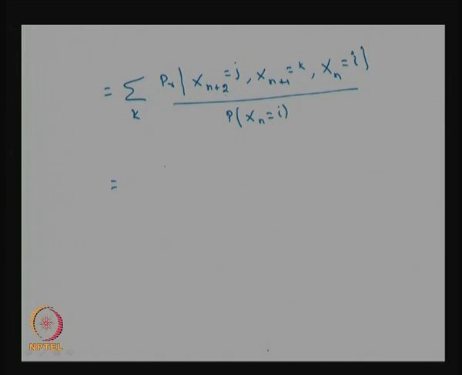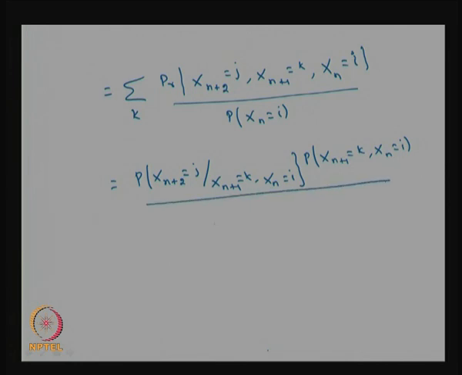I can write it in the form of a conditional probability: the conditional probability that X_{n+2} takes the value j, given that X_{n+1} takes the value k and X_n takes the value i, times the probability that X_{n+1} takes the value k and X_n takes the value i, divided by the probability that X_n takes the value i, and here the summation is over k.